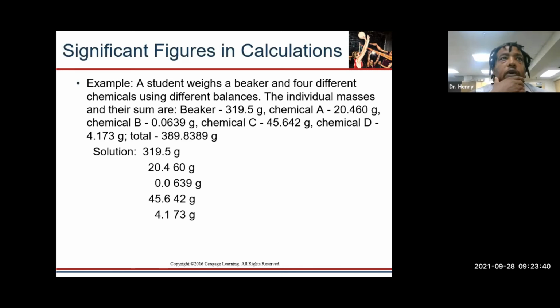Where would I draw the line for my answer here? Where would I draw my lines if I'm adding these all together?